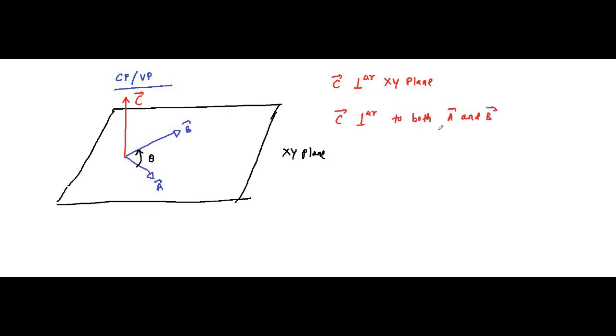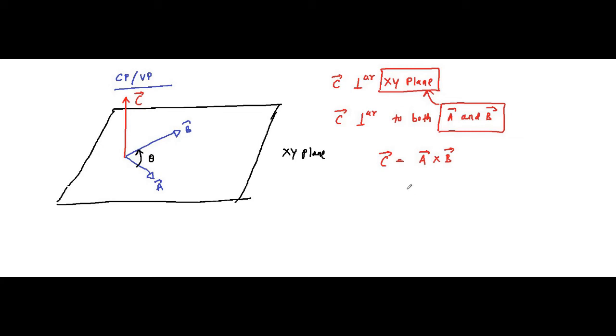Why? Because A vector and B vector are confined to the XY plane. So C vector will be perpendicular to both A vector and B vector. What is C vector? That is the cross product of A vector and B vector.